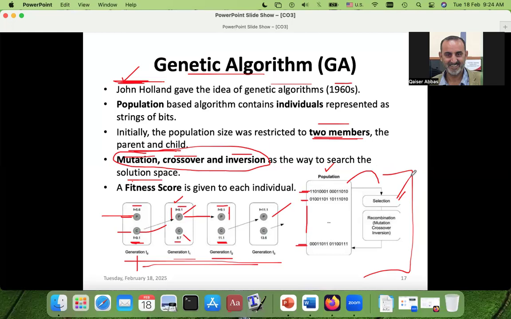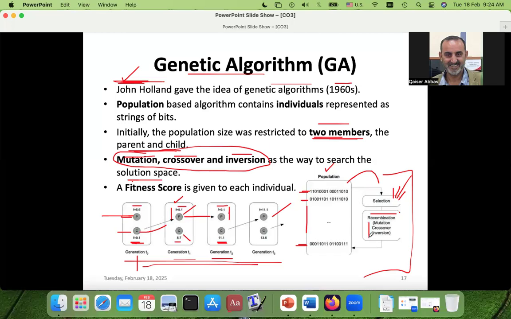No, there are some methods available for selection. Then we will apply those selection methods and select two members from here, and after that we will apply the recombination process over these two selected members. And what are those recombination processes? Mutation, crossover, and inversion. We will see what these operations are in the upcoming slides.